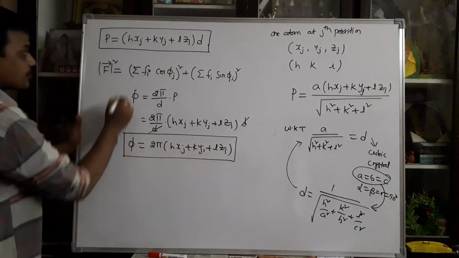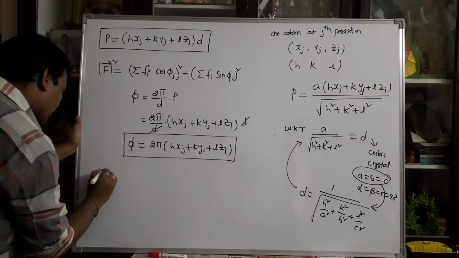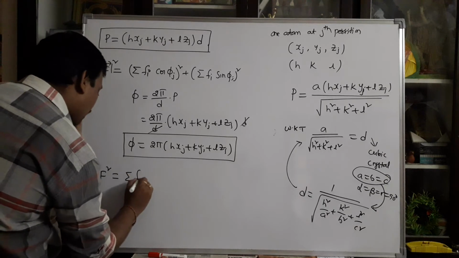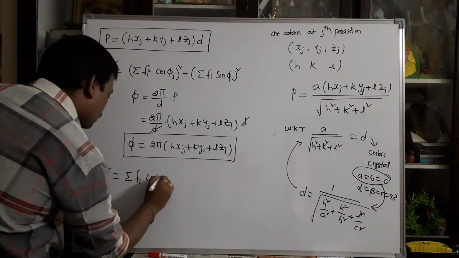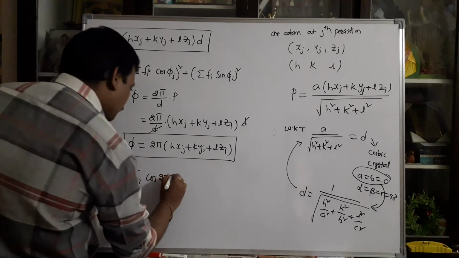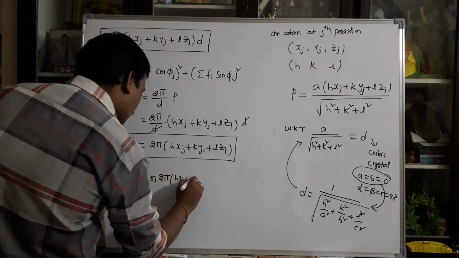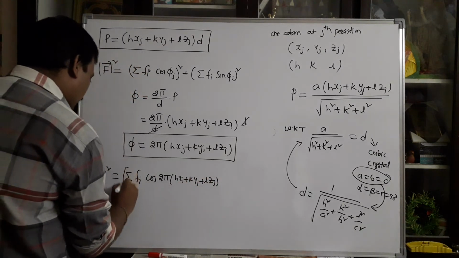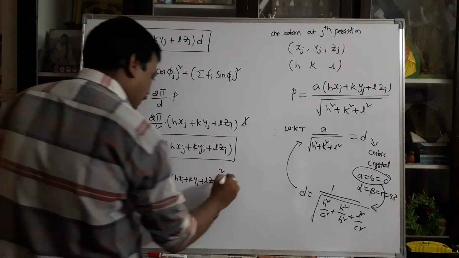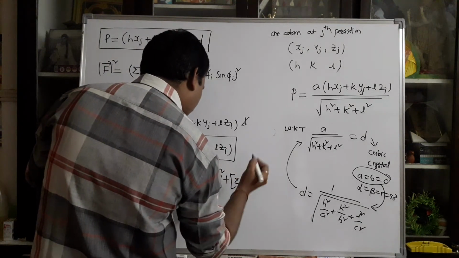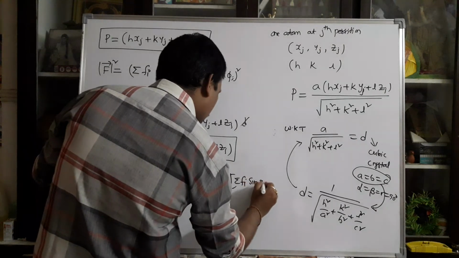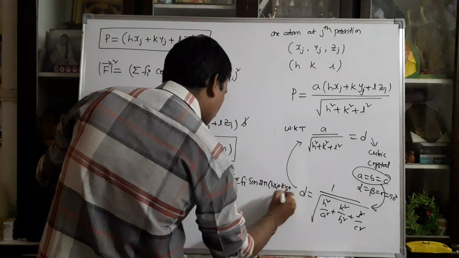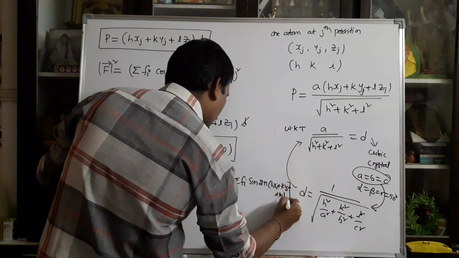This phase angle is substituted in the form factor. You get f square is equal to sigma fi into cos 2 pi into h xj plus k yj plus l zj whole square plus sigma fi into sin 2 pi into h xj plus k yj plus l zj whole square.